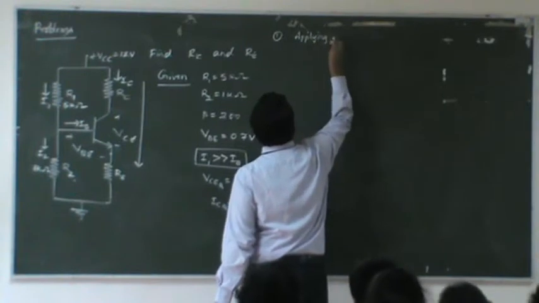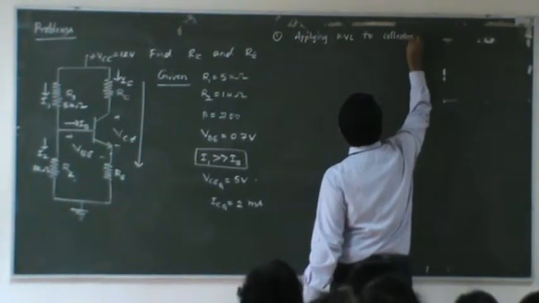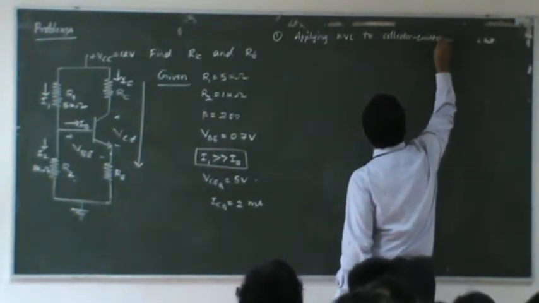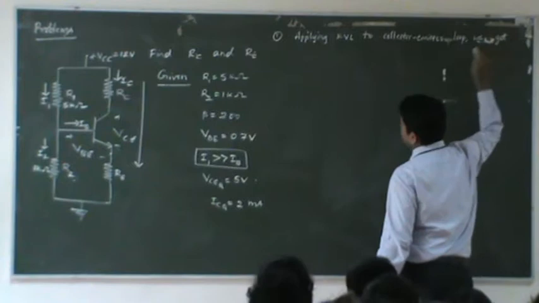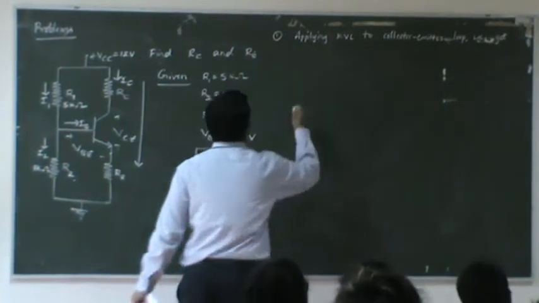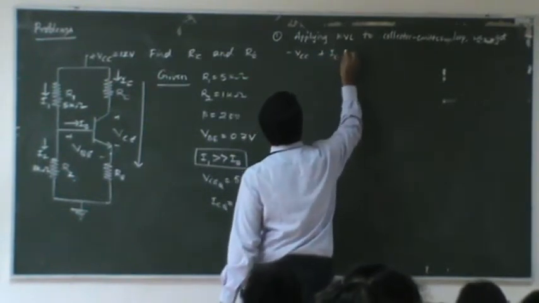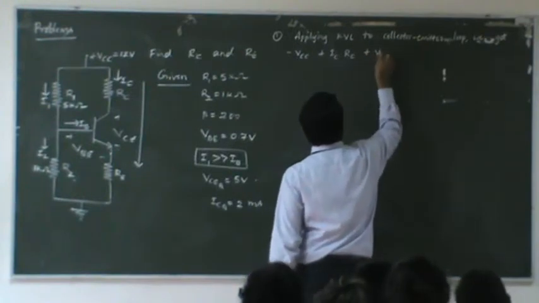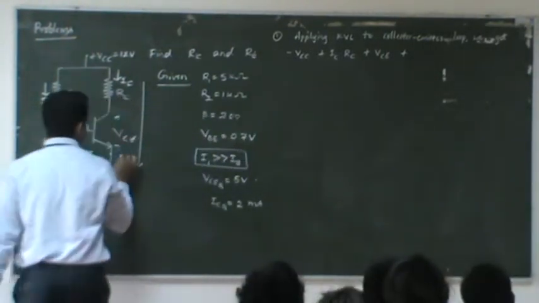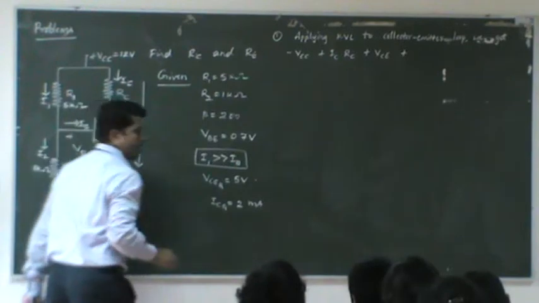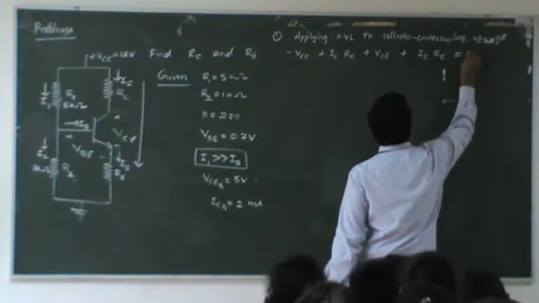Applying KVL, Kirchhoff's voltage law, to the collector emitter loop, we get minus VCC plus IC times RC, which is the drop across RC, plus VCE plus the current flowing in the emitter, which we label IE, so IE times RE, is equal to 0.